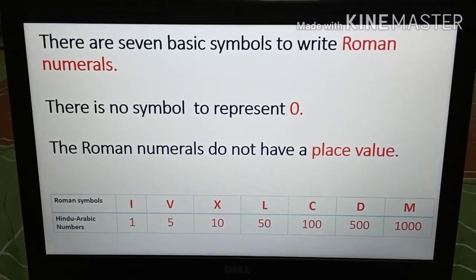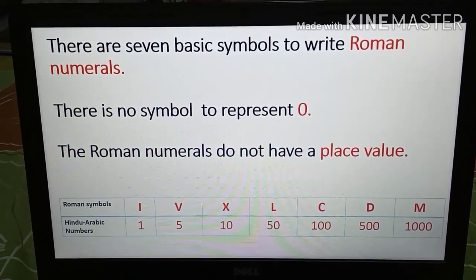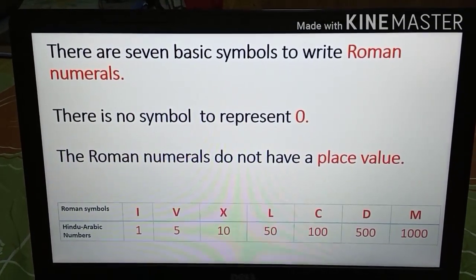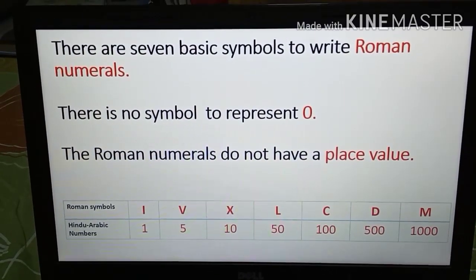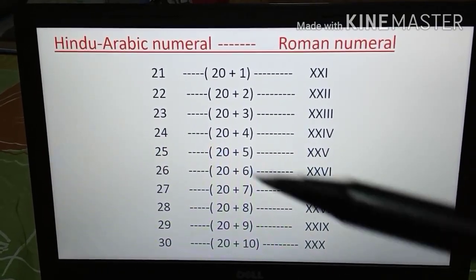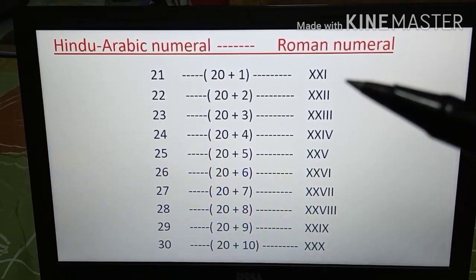In our last video, I taught you to write Roman numerals from 1 to 20. Now in today's video, we will continue Roman numerals and we will start from 21. Let's start. Again children, you may see on one side I have written Hindu-Arabic numerals, on the other side Roman numerals.